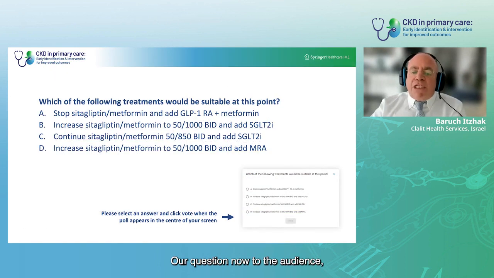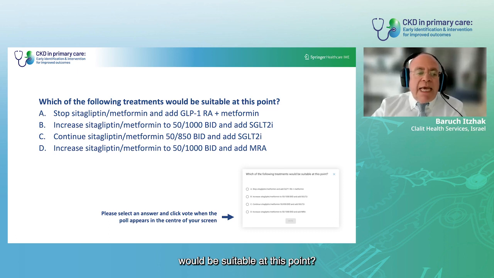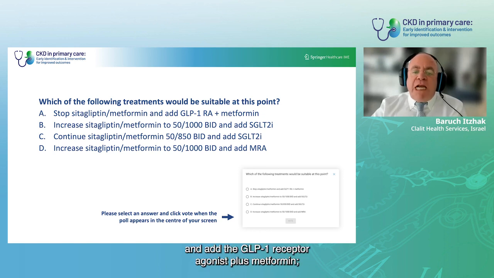So our question now to the audience: which of the following treatments would be suitable at this point? A, stop sitagliptin metformin and start a GLP-1 receptor agonist plus metformin. B, increase sitagliptin metformin to 50/1000 twice a day and add an SGLT2 inhibitor.